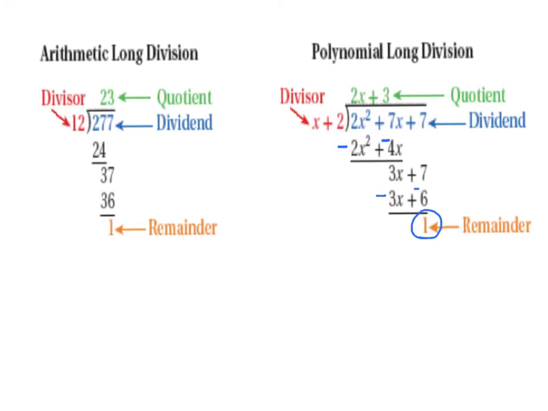Okay, so how are we going to write that? Well, we're going to write it as 2x plus 3, and then I'm going to put that plus sign, and we're going to put the remainder over top the divisor, so x plus 2. And that is how we divide polynomials. All right, let's go try one more.